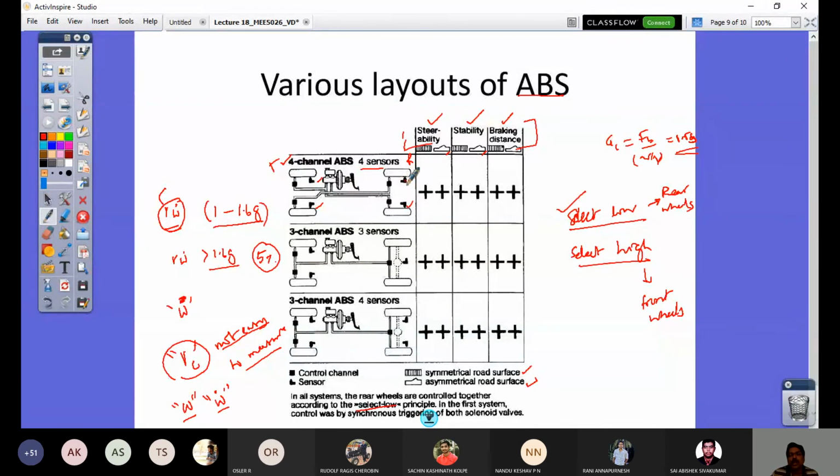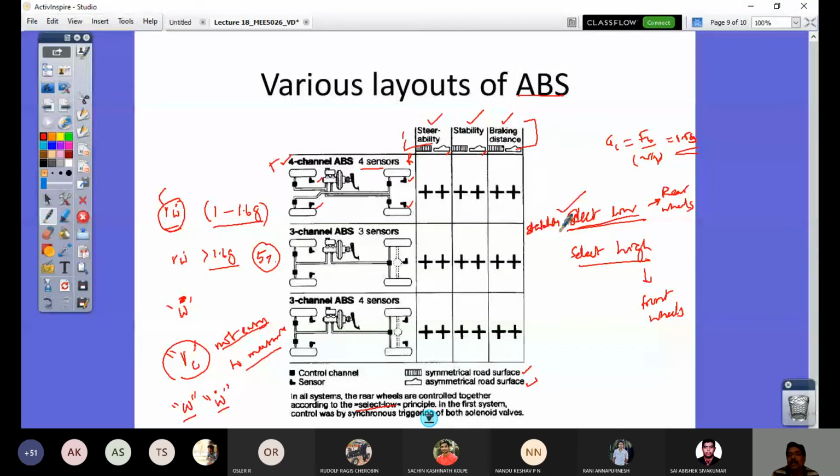So that wheel should not lock first. If I take the smaller of the speeds as my reference speed, and accordingly I expect ABS is working, then it would prevent locking of the rear wheel. If I take the higher speed, what would happen? The smaller one would lock. One wheel will lock, the other wheel will not lock. That is not preferred. That is why the smaller of the 2 wheels would always be preferred, to ensure directional stability. This is for stability.